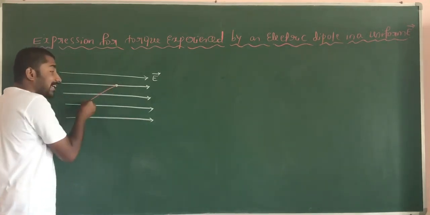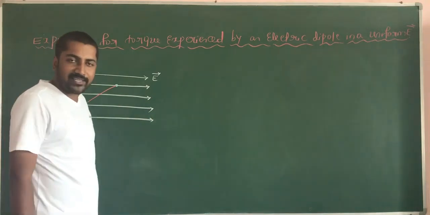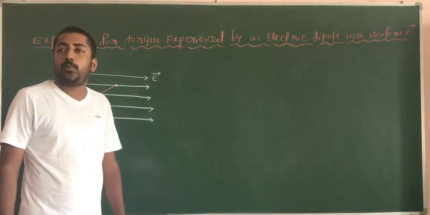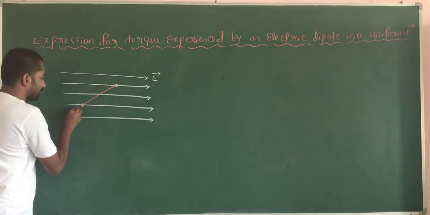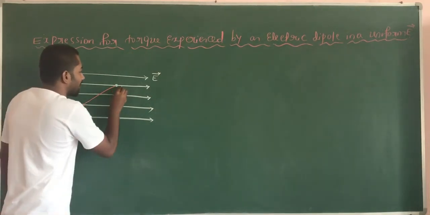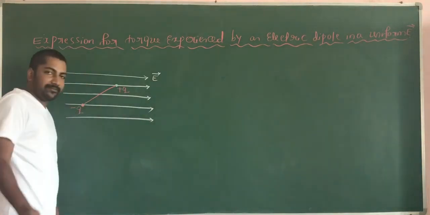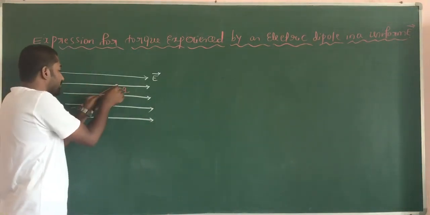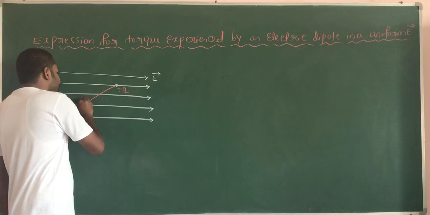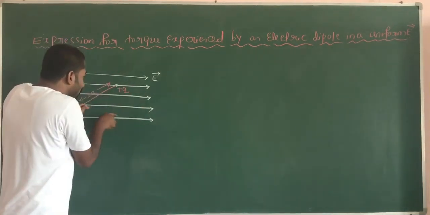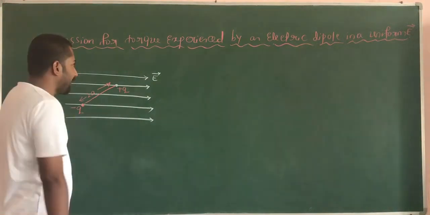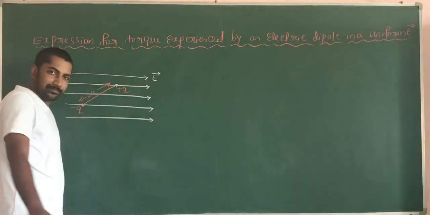Here this is the negative charge and this is the positive charge, a pair of equal and opposite charges separated by a small distance, that is 2a.